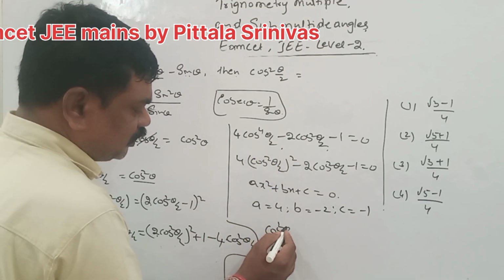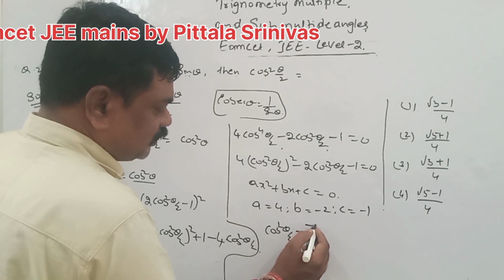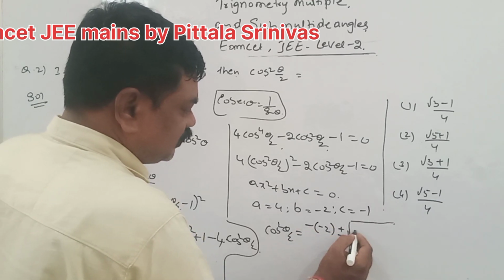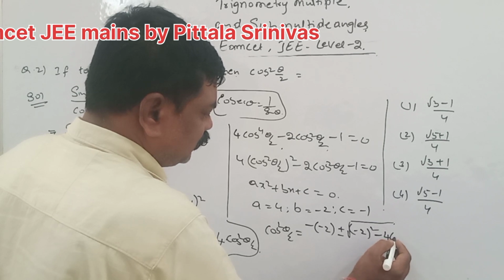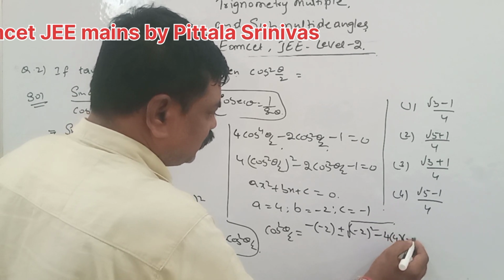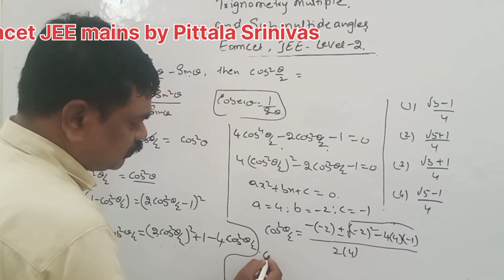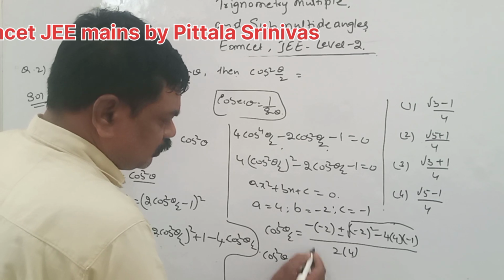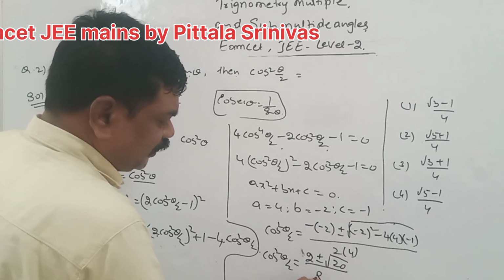So cos² θ/2 is equal to (−b ± √(b² − 4ac))/2a, that is (−(−2) ± √((−2)² − 4·4·(−1)))/(2·4). So cos² θ/2 is equal to (2 ± √20)/8.